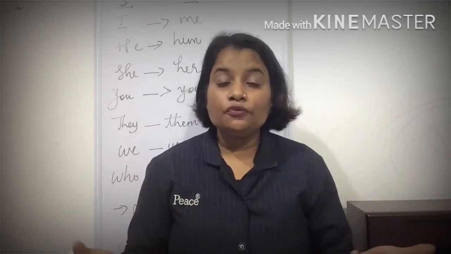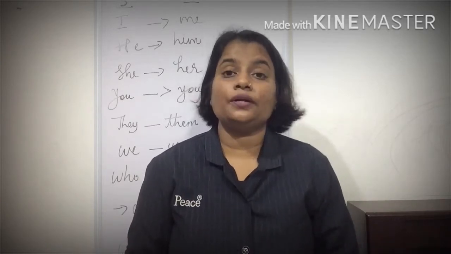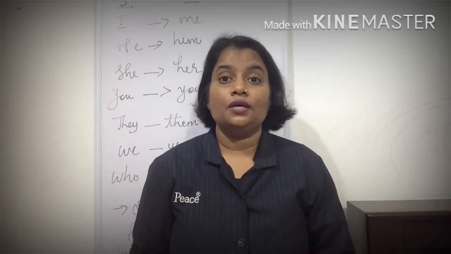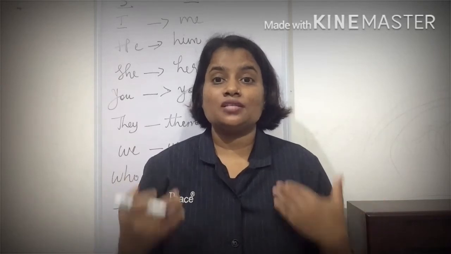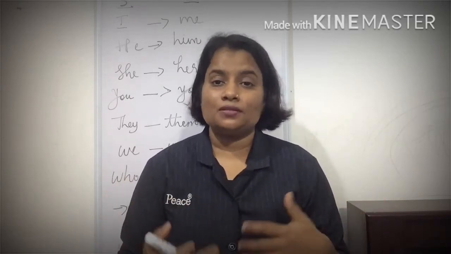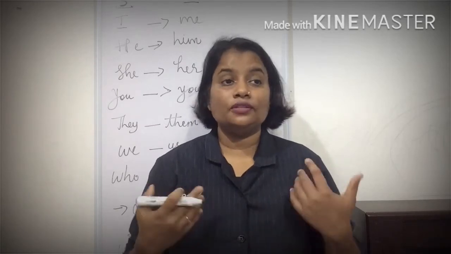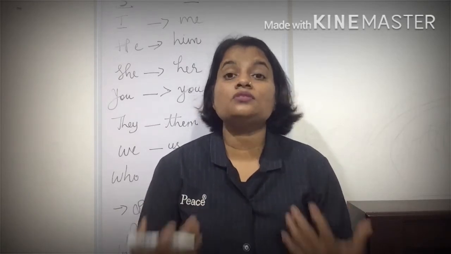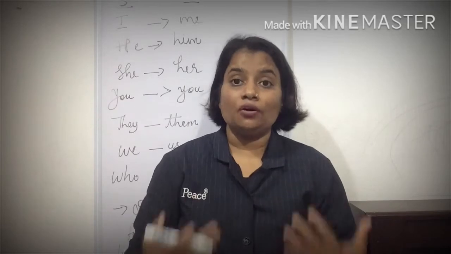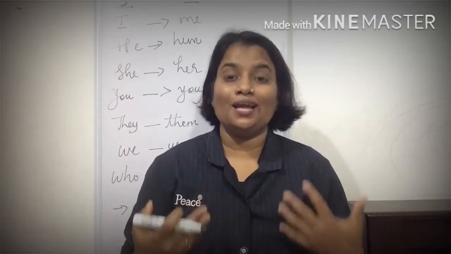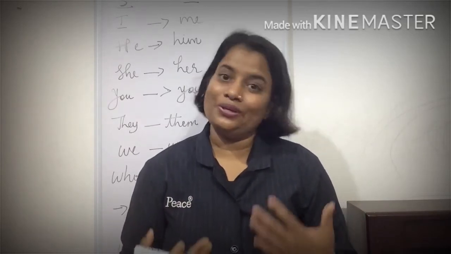Before that, even if you want to add the appropriate helping verbs, you need to find out whether the statement is in present, past or future tense. We have learned different tense forms and their structures properly, so accordingly we need to use the helping verbs also. You get me?